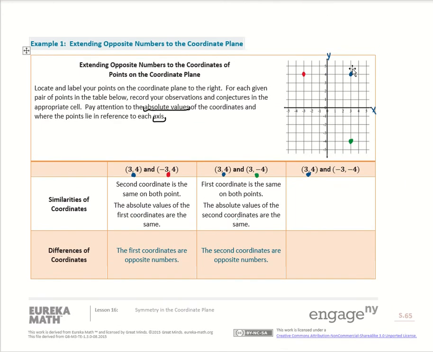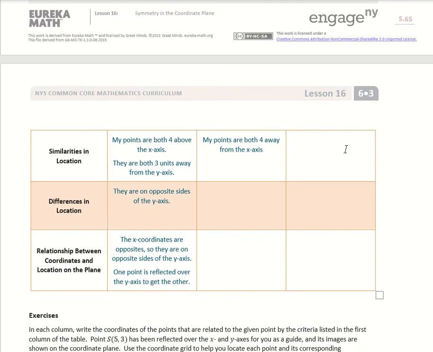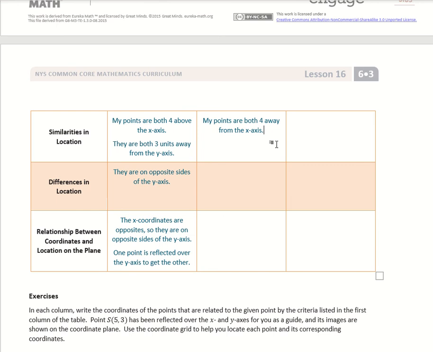Only one of my points is 4 above, the other is 4 below the x-axis. But they're still both 4 away. And I can also say that they are both 3 units to the right, I almost wrote left, of the y-axis.